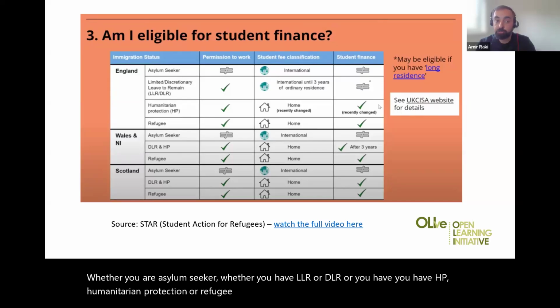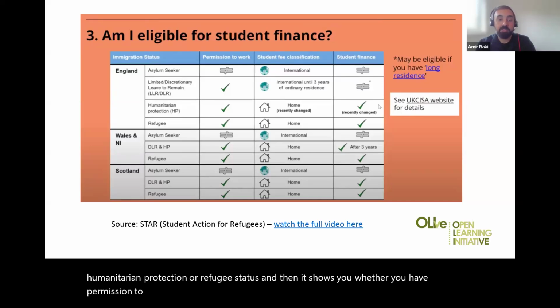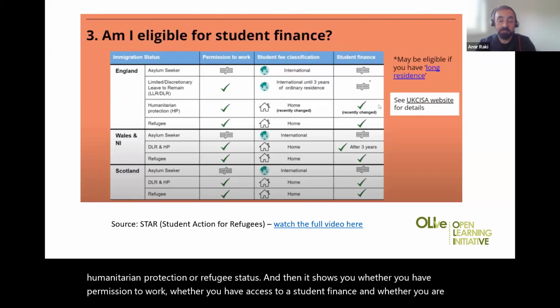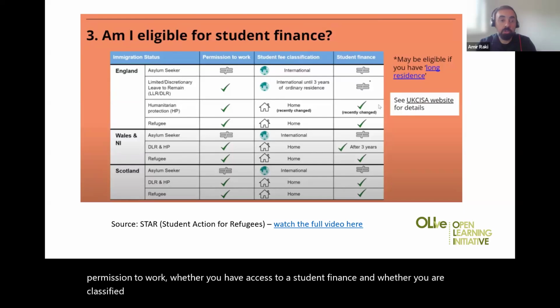And then it shows you whether you have permission to work, whether you have access to student finance, and whether you are classified as an international or home student.